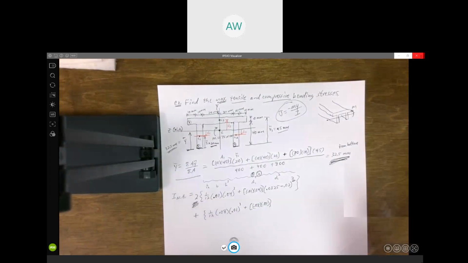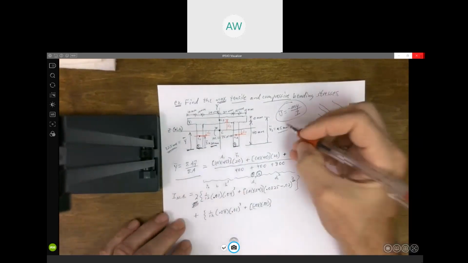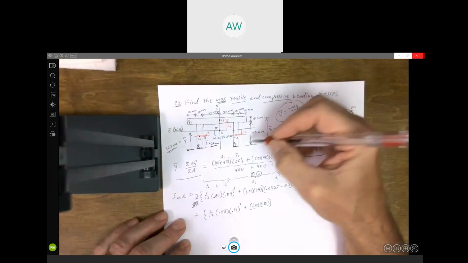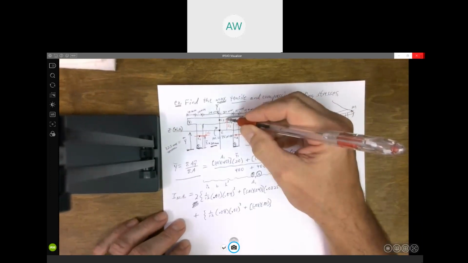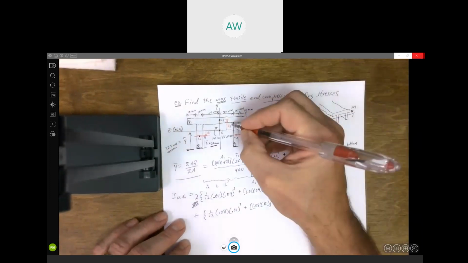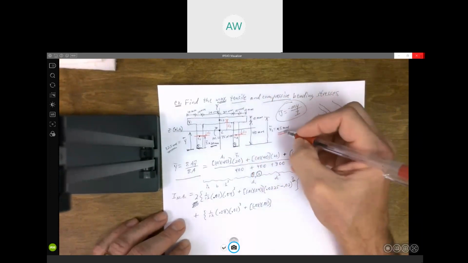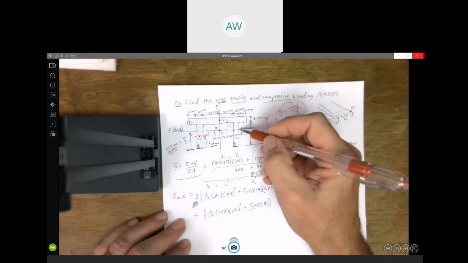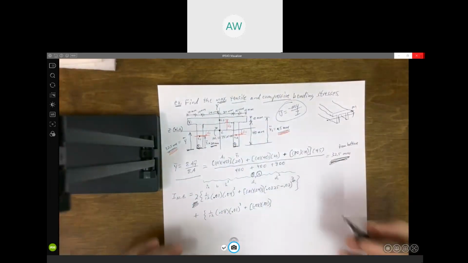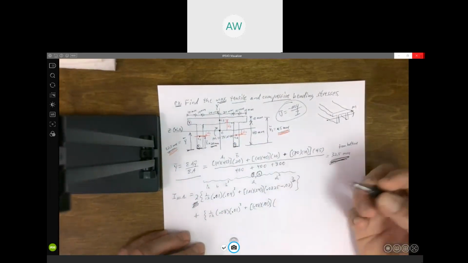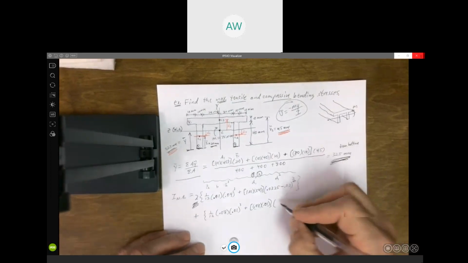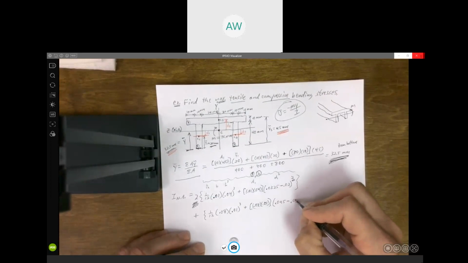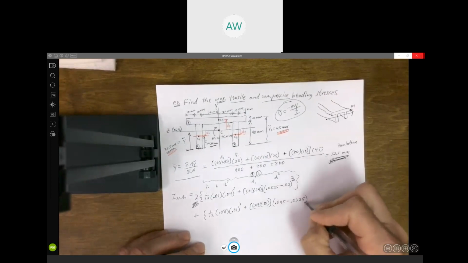Now that distance would be the difference: it was 45 millimeters from the bottom to the centroid of area 3. So to get that distance, it would be 45 minus our y bar, because that's the distance to our neutral axis. In meters, it would be 0.045 minus 0.0325, and we have to square it.